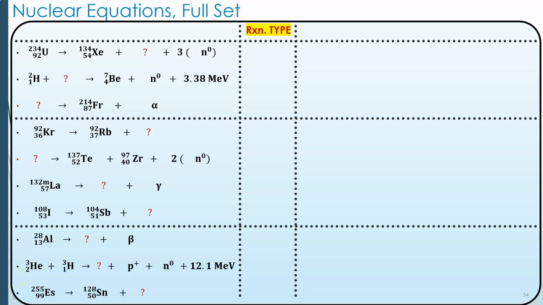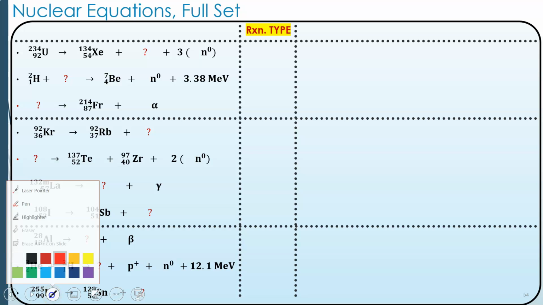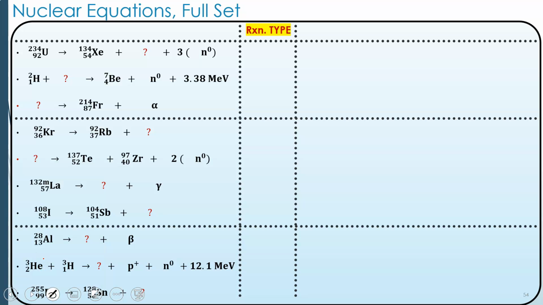Well, you can always memorize the atomic number and the mass number for particles like neutrons and protons, or you can just think of them logically, and I would much rather you did it that way so that you don't have more to memorize. Now remember, what is an atomic number? Well, the atomic number is merely the number of protons that a particle contains. Well, a neutron contains no protons, so its atomic number is 0.